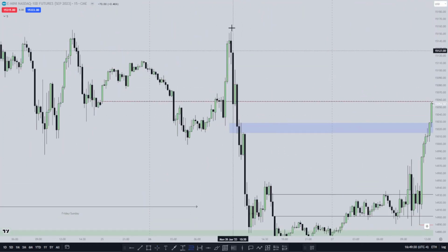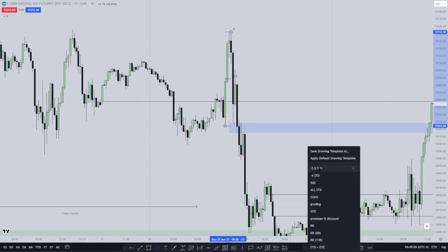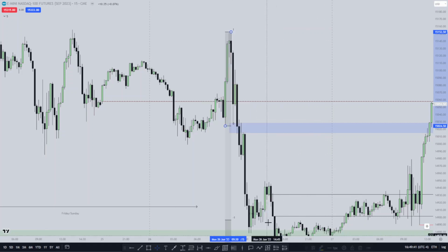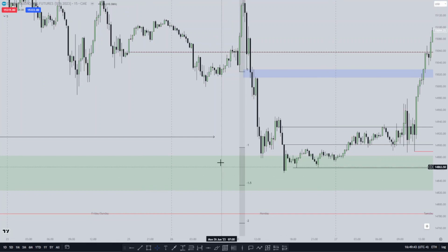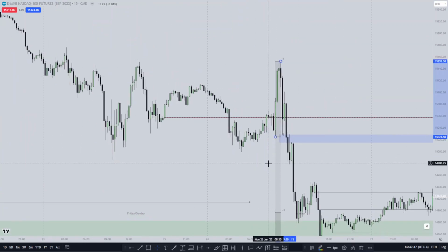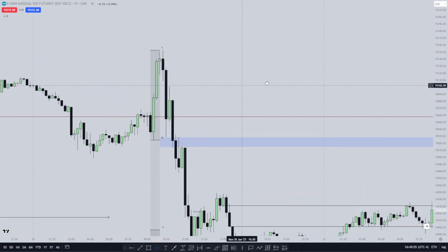So for example, there's Monday. We have this standard deviation. We have a 1 to 1.5, which I don't like personally. I like to avoid those standard deviations.